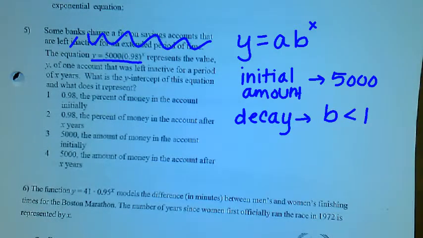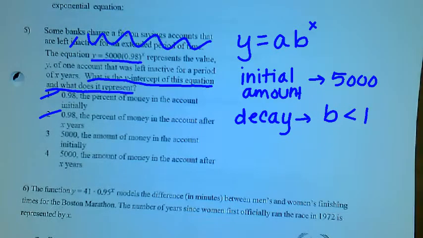Okay, so let's look at this. 0.98 is the percent of money in the account initially. That is not true. 0.98 is the percent of money in the account after x years. Also not true. Okay, I shouldn't say that's not true, but what is the y-intercept of the equation and what does it represent?